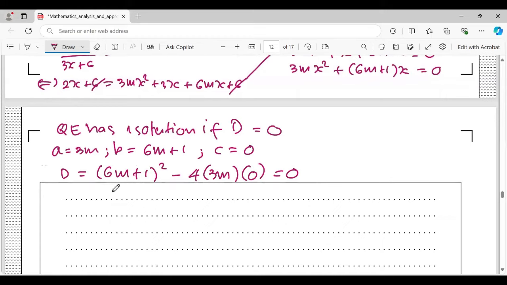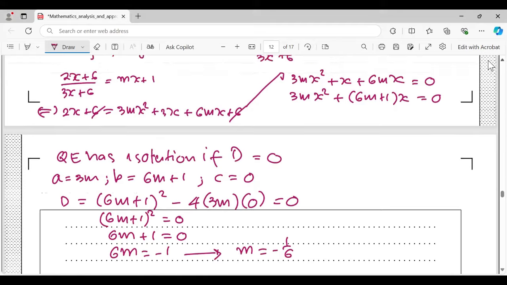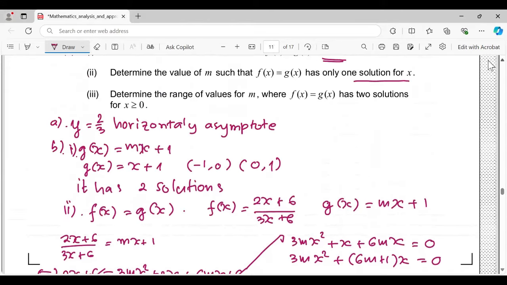So (6m plus 1) squared equals 0, or 6m plus 1 equals 0. So 6m equals minus 1 and m equals minus 1 over 6. So if m equals minus 1/6, this quadratic equation only has one solution.